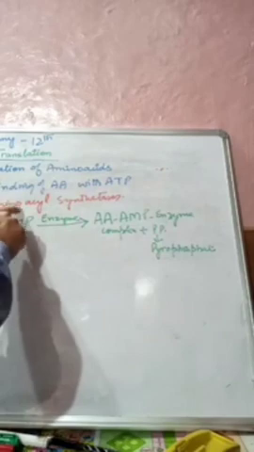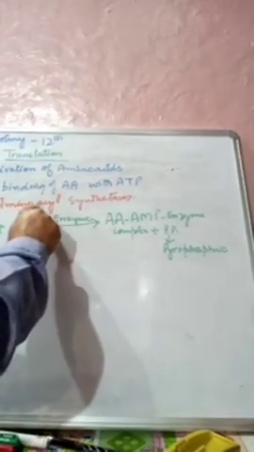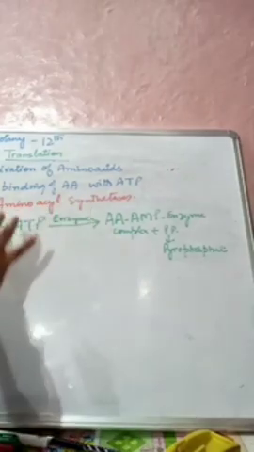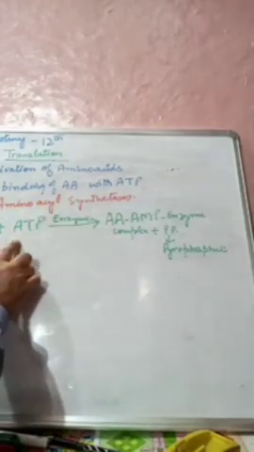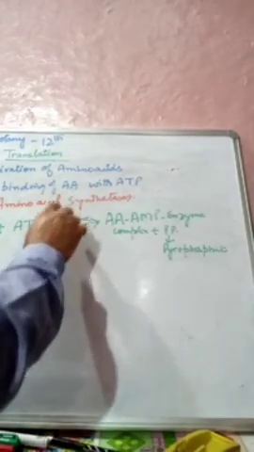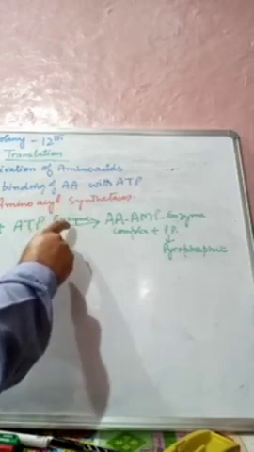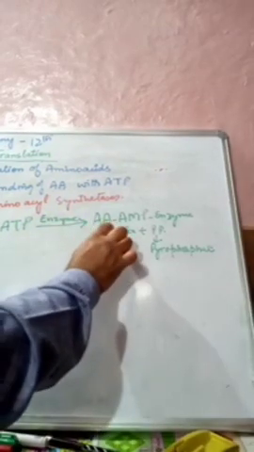This step requires enzymes called aminoacyl synthetases. Due to this reaction, the amino acids and adenosine triphosphate are mediated by these enzymes, and what we will get is the form aminoacyl.